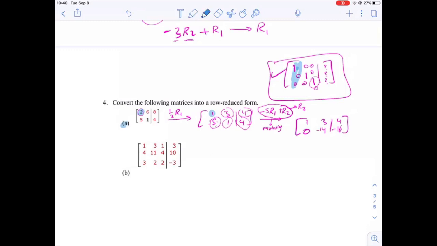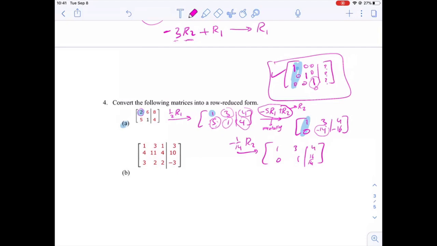Good. Now the first column is a unit column. Now we need to make the second column a unit column, but we need to convert this number into 1. How can we do this? We have -14, so we can multiply the second row by -1/14. This will give us 0, 1, 16/14, and we still have 1, 3, 4 in the first row.